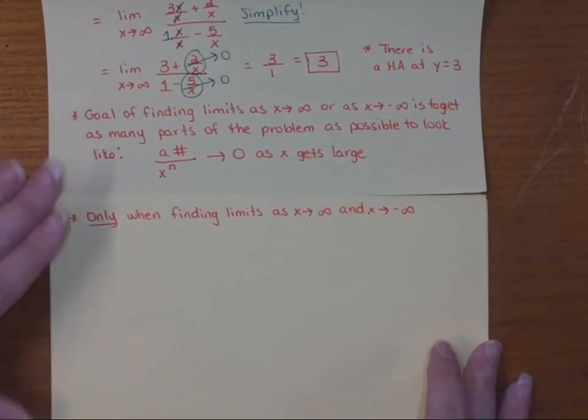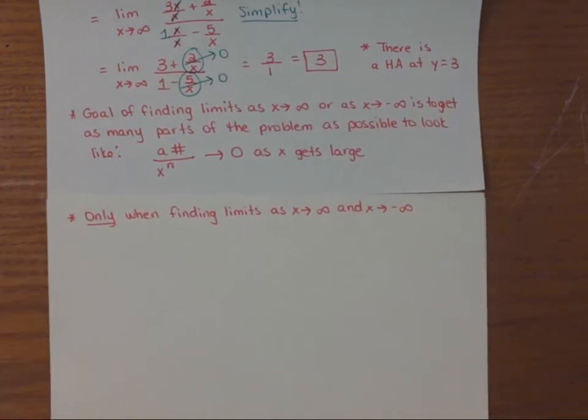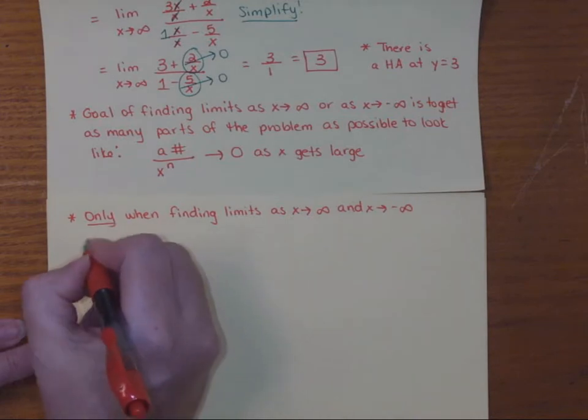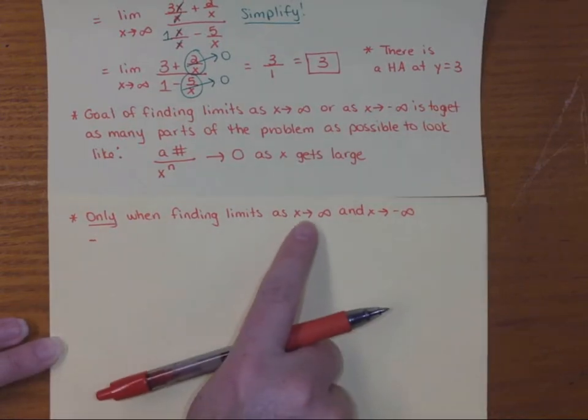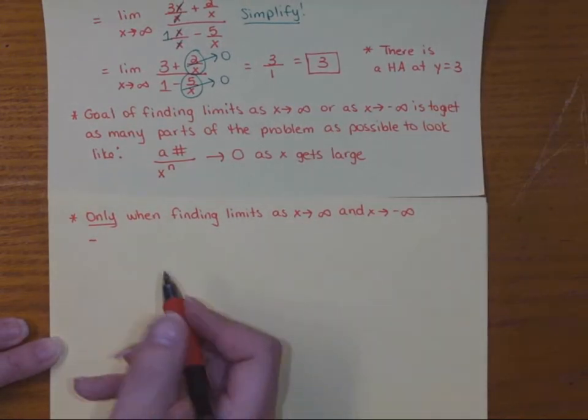If it's still a problem like we did in the past where x goes to 2 or 0, you're still going to try all the other methods we discussed before: the plug-in method, the simplify method, the table method.